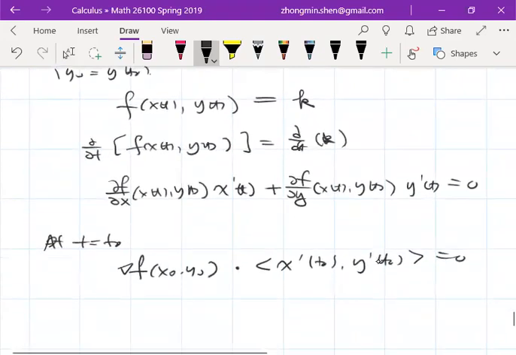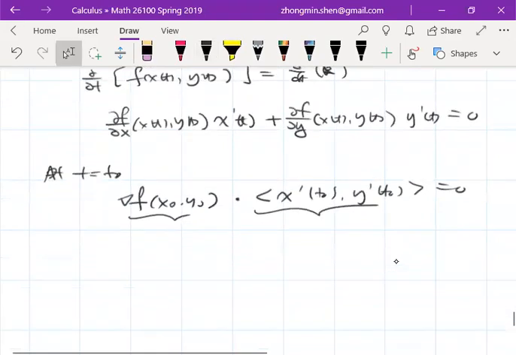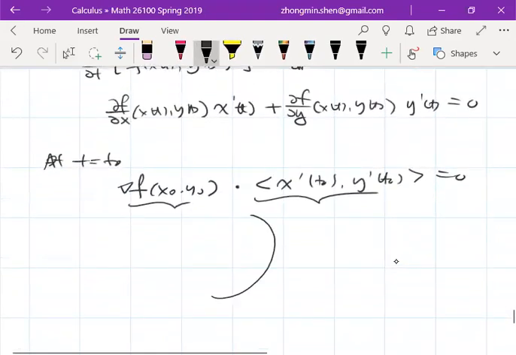All right. So what is this? This is the gradient, right? What is this? This is nothing but the tangent vector to the curve at that point. All right. So the gradient is perpendicular to the tangent vector. Of course, that means it's perpendicular to the curve, right?